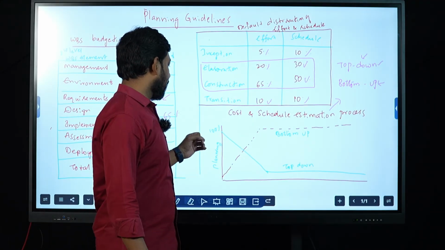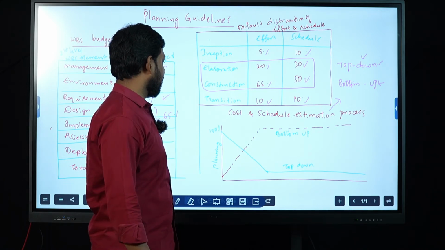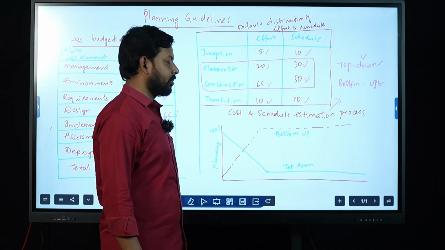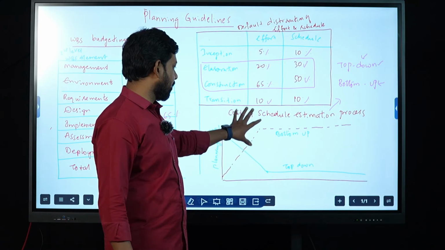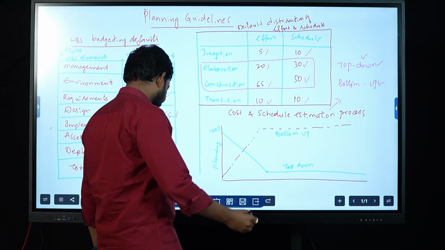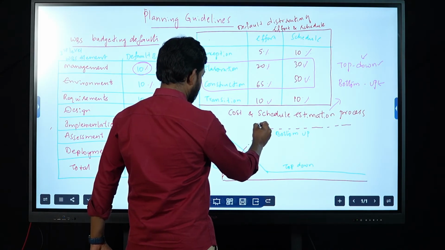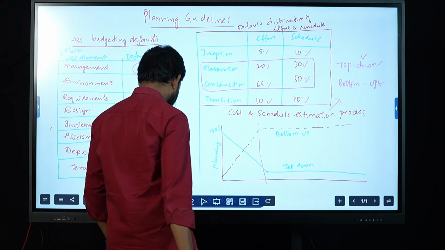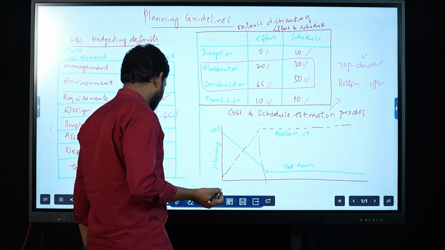Right. So here in these two approaches, how is your cost, and at which particular level which particular approach is going to play a major role or dominate, is what is given in this particular graph. So first, this is your engineering stage. Here your top-down approach is going to dominate at your engineering stage.